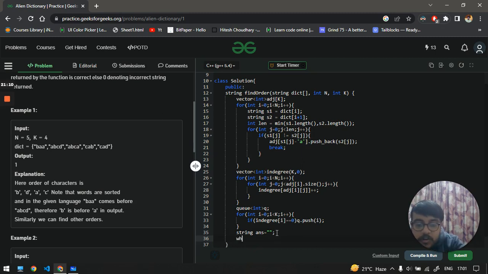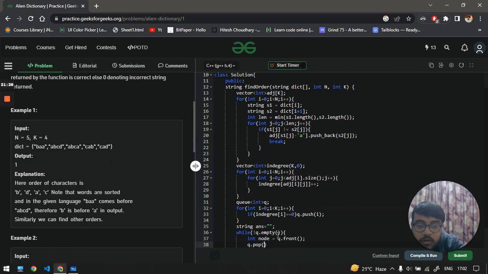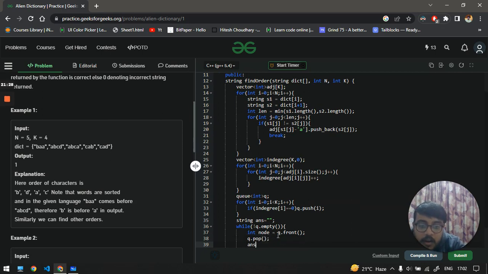Now I'll traverse my queue until it is not empty. I'll take out the first, q dot front, then q dot pop, and answer dot push back my node.